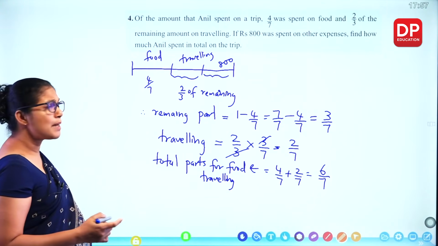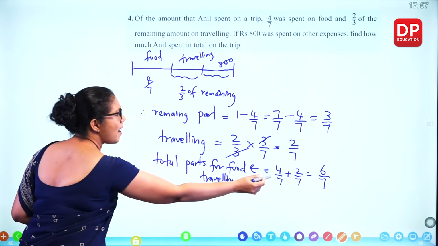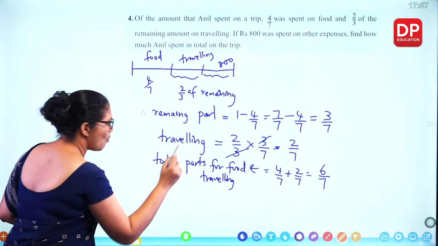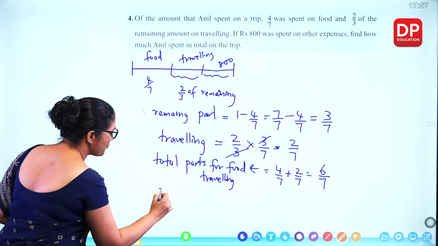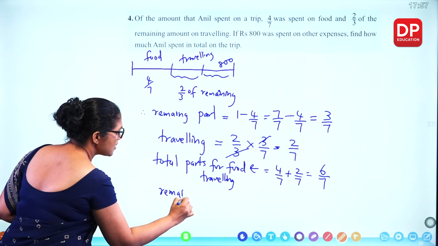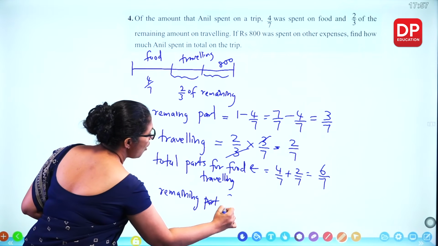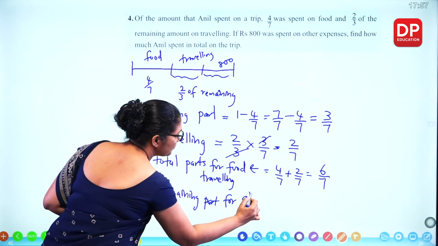So what's the remaining part now? Remaining part is 800 rupees. So what is the remaining part now? Remaining part for other expenses.